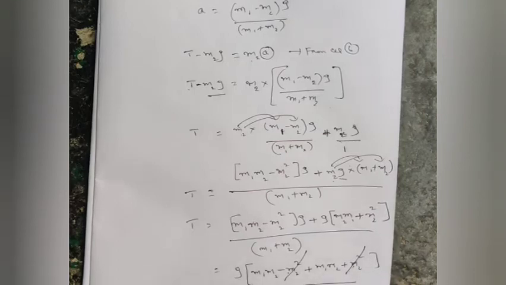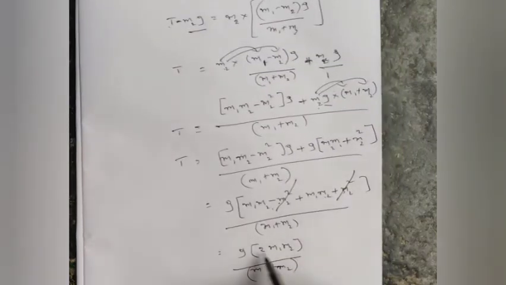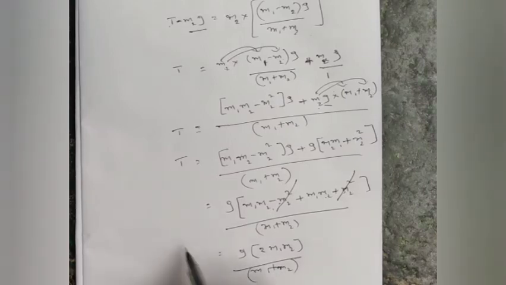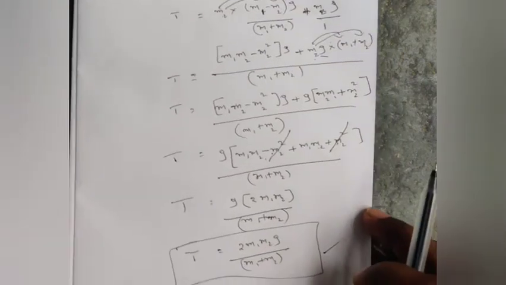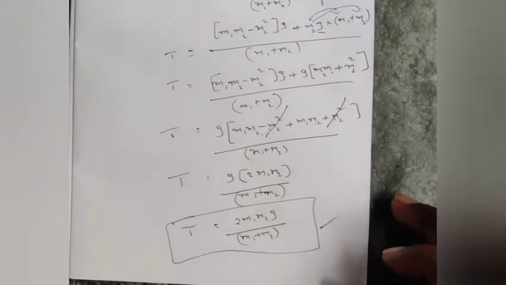What is remaining? g into (m1 m2 plus m1 m2), so it becomes 2 m1 m2 by (m1 plus m2). Now written outside, it is 2 into m1 m2 into g by (m1 plus m2). This is the formula for tension. In our textbook they have given it simply, but in this way you can derive the formula for tension. So by using this formula you can calculate that. Thank you.